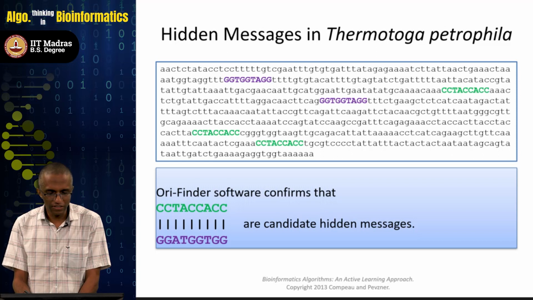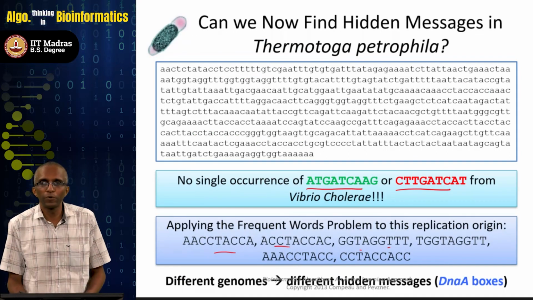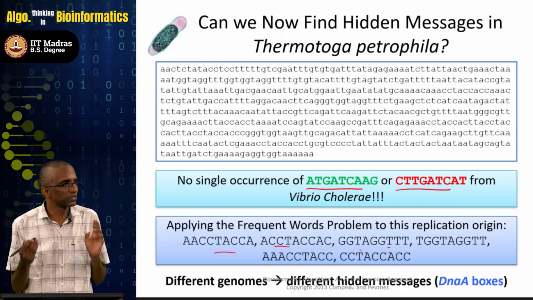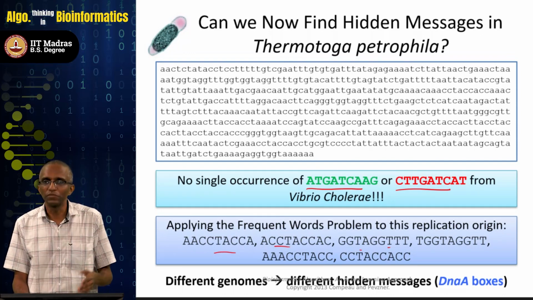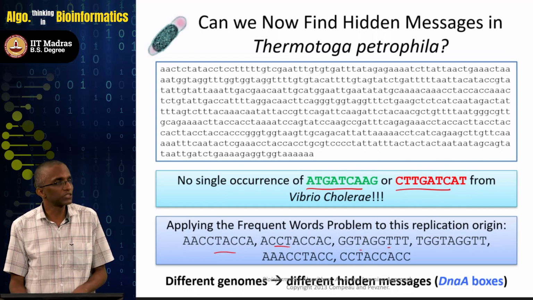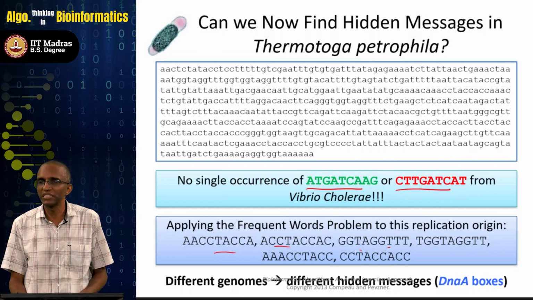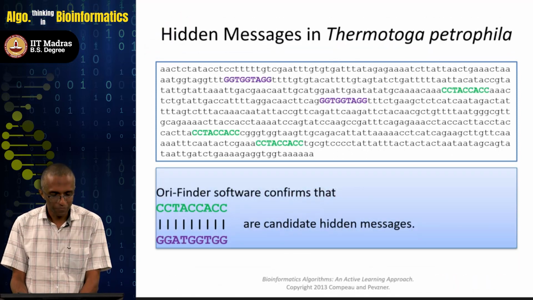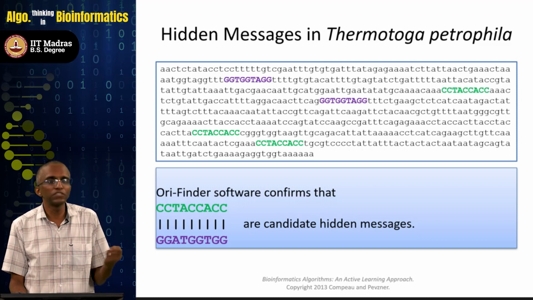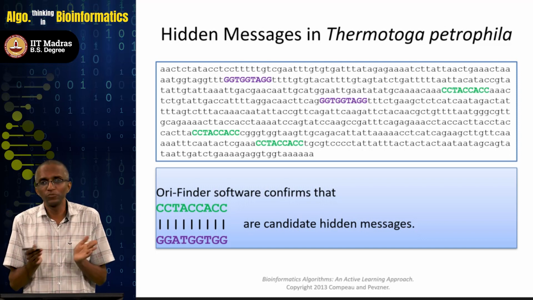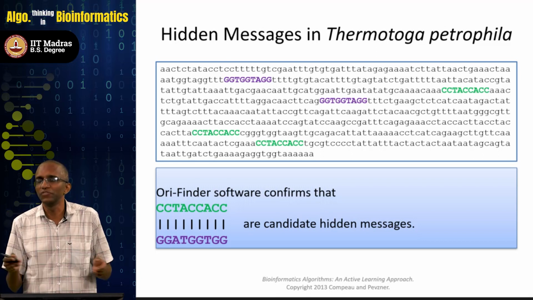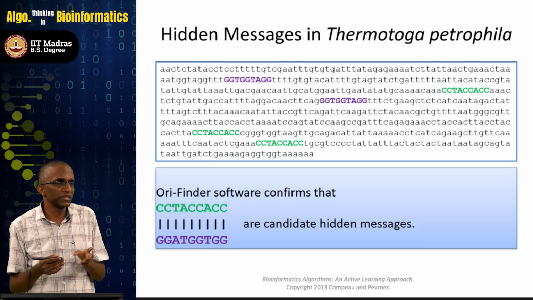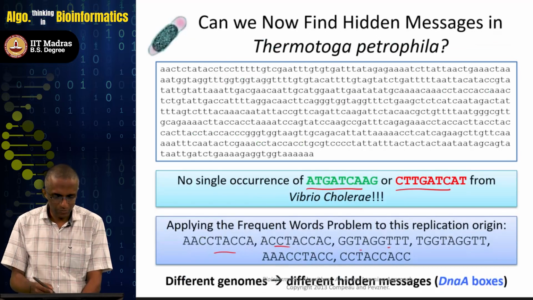You can build on this simple problem. For instructional purposes we are keeping it simple, looking only for frequent words, but you can make it more complicated. You can look at reverse complementarity pairings and other features, such as the distribution of GC and AT in these sequences, which is called skew, to focus on the actual candidate among all of these candidates.